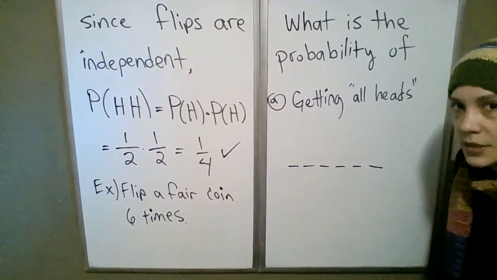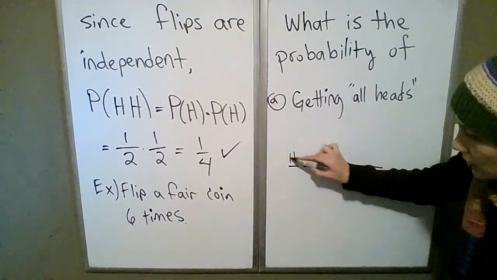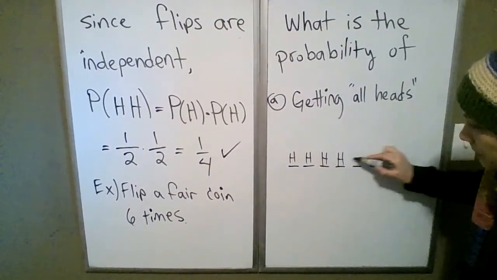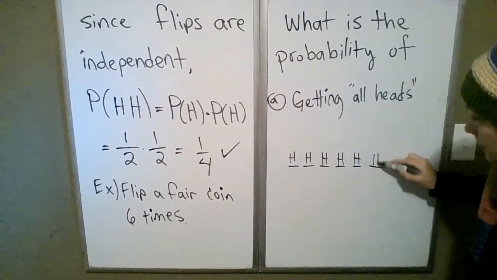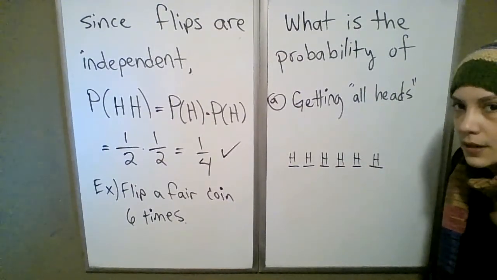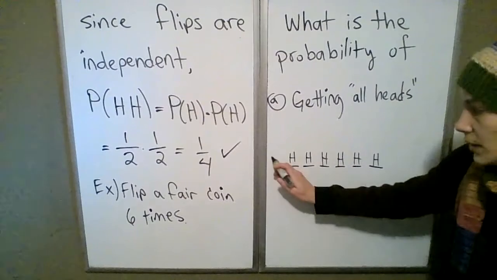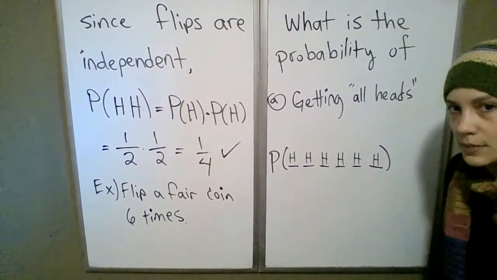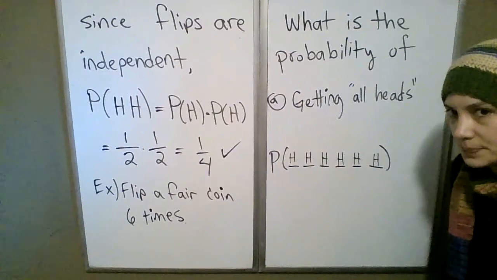If it's all heads in a row, it means it's H in every spot. And we want to find the probability of getting H 6 times.